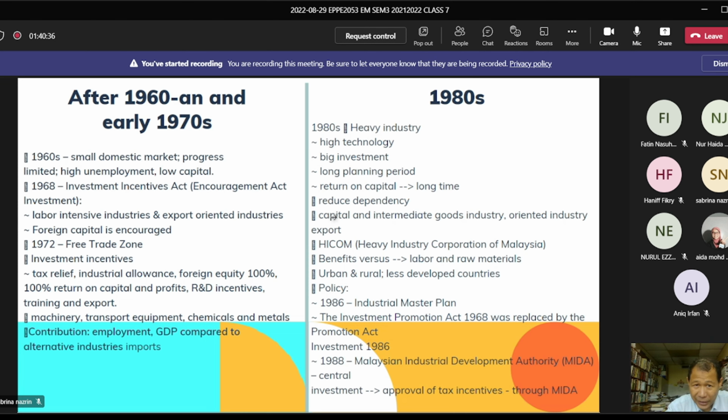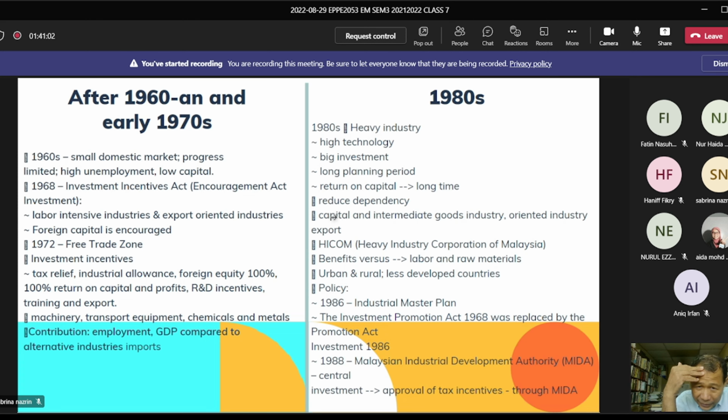Okay, on my right, 1986 Industrial Master Plan. Yes, the Investment Promotion Act of 1968, or PR. Actually, PR, Promotion of Investment Act, not IPA. Okay, not IPA. PR, Promotion of Investment Act 1968 was replaced.